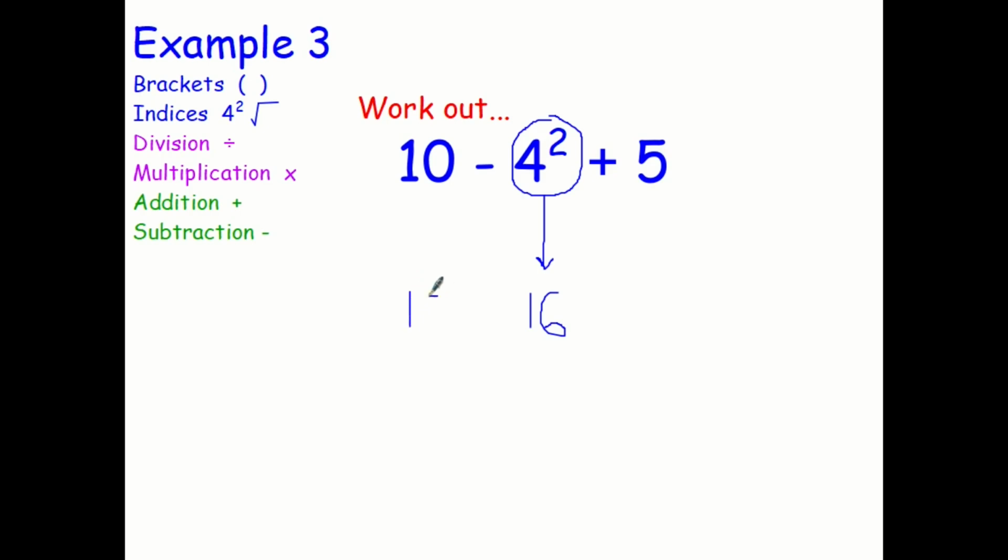So I'm going to drop that 10 down here, put that takeaway sign there, put that addition sign there, and put 5 there, and I'm just going to read from left to right like a book. So 10 take away 16 takes me to minus 6, plus 5 leaves me at minus 1. So minus 1 there is my answer.